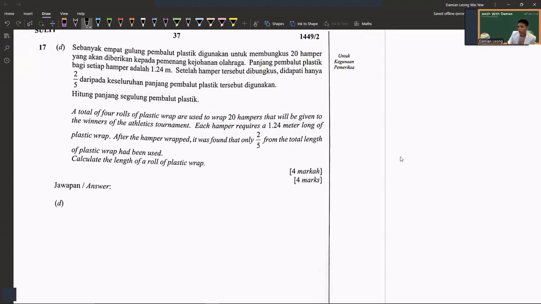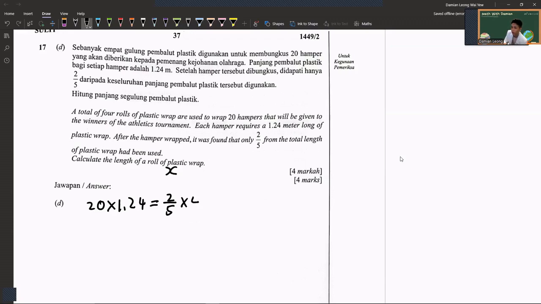Okay, so let's put a length of a roll of plastic wrap X. 20 hampers times 1.24 would be the total amount of plastic wrap needed, which is basically the same as 2 over 5 of the total length of plastic wrap.